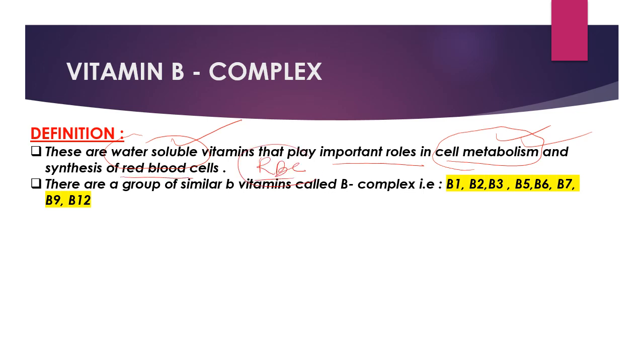RBCs are prepared by vitamin B. So these are water soluble, whereas we have learnt about vitamin A, that is fat soluble. There are 8 vitamin B in vitamin B complex: B1, B2, B3, not B4, B5, B6, B7, not B8, B9 and B12.